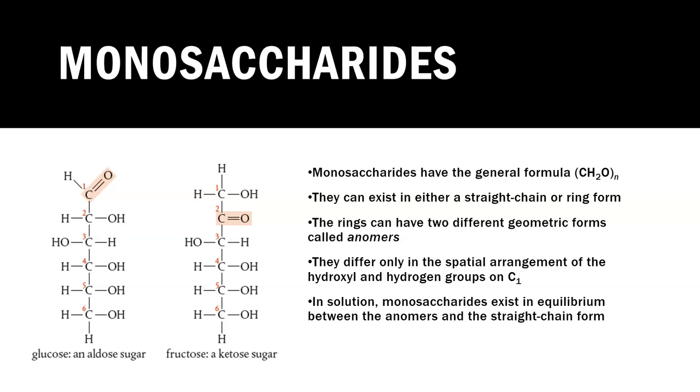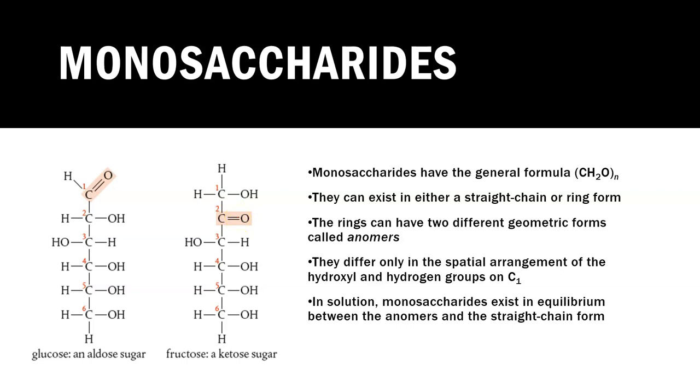They are 1 molecular unit, and they tend to exist as either the straight chain or ring form. These ones that we see here are in our straight chain form, and you can see that the glucose is an aldose sugar, i.e. it contains an aldehyde on carbon 1, whereas fructose here is a ketose sugar. It has a ketone on carbon 2.